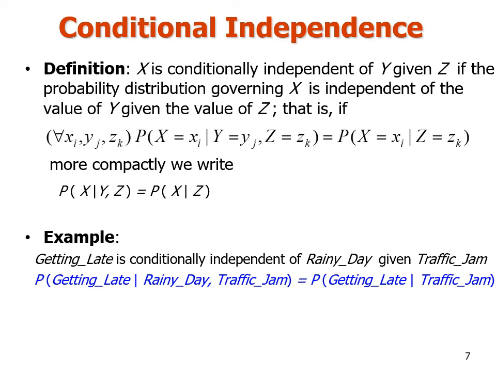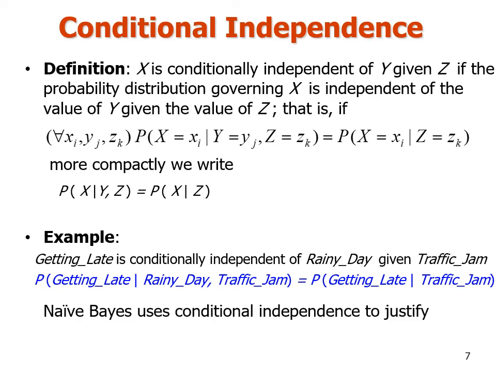Now let us note the correspondence between this definition and our use of conditional independence in the Naive Bayes classifier. The Naive Bayes classifier assumes that the instance attribute x1 is conditionally independent of instance attribute x2 given the target value y, and this allows it to calculate probability of x1, x2 given y as shown here.